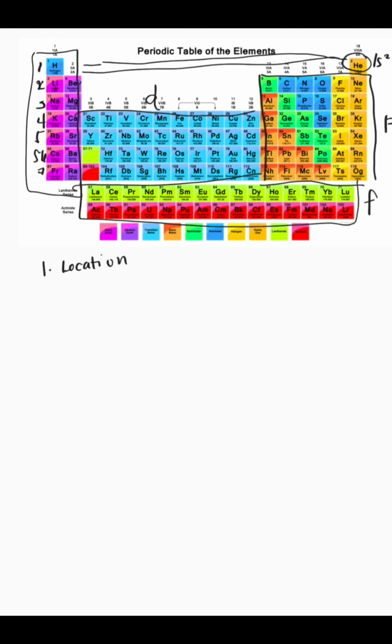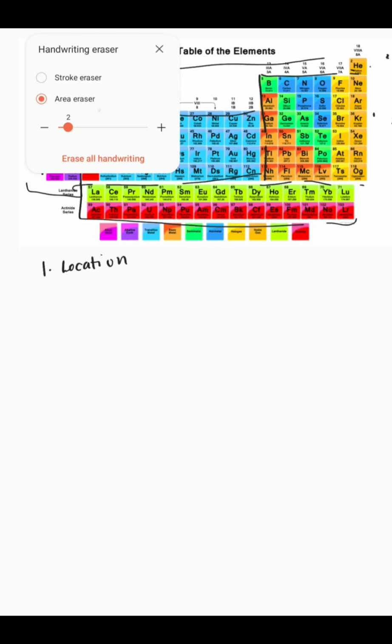Si beryllium, 2s2. Si sodium, 3s1. Si magnesium, 3s2. Nakikita nyo po ba? Next, we have potassium, 4s1. Calcium, 4s2.